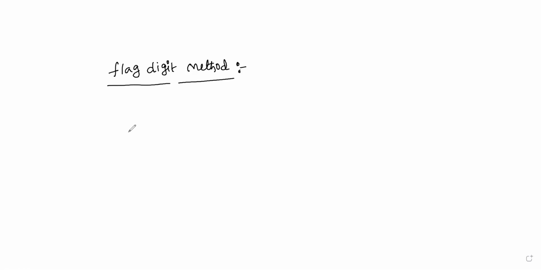It means, suppose the divisor is 234, then you have to learn the 234 table, yes or no? But in the flag digit method, if you know the 2 table, 3 table, 4 table, that is enough. There is no need to learn the 234 table here. Up to the 9 table is enough for the divisions.